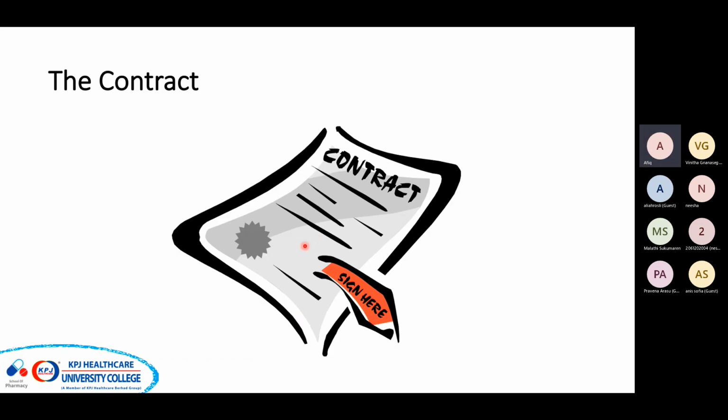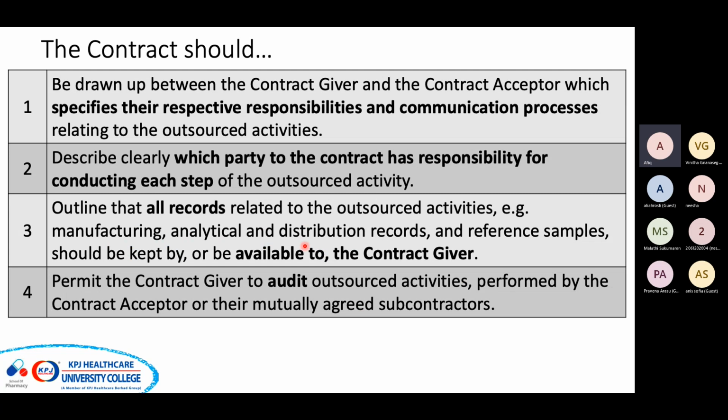And then the contract itself. What should be included in the contract? So it must be drawn up between the contract giver and the contract acceptor, which specifies their respective responsibilities and communication processes relating to the outsourced activities.